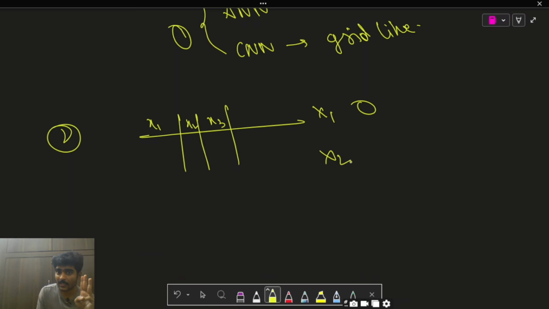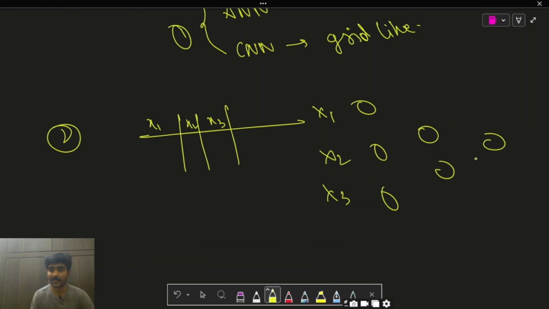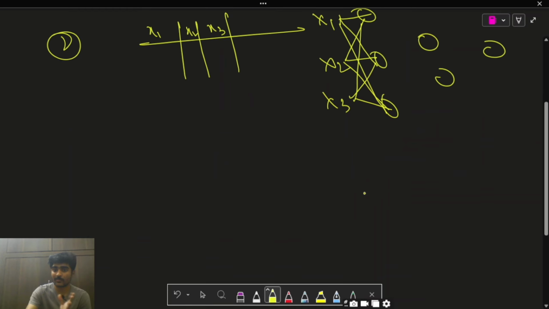So x1, x2 and x3. I'm designing an artificial neural network based on this input. I'm taking 3 units in my first hidden layer, this is my second, and this is my final output layer. I'm just connecting the input to the hidden layer, passing my input to the further hidden layers.